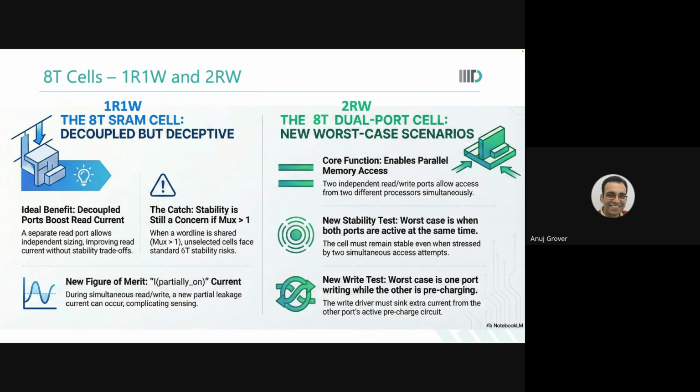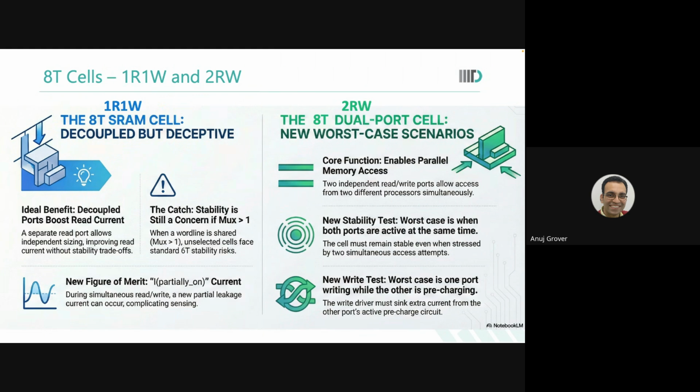Even if it is not there at the time when I started, the clock may come just afterwards. Can I know? So can I now size or time my circuit such that if the other port comes, I delay the on time, and if there is no access from the other port, I turn it on early? Can I do that? The sense amplifier is going to turn on only late, assuming both ports are getting selected. So the memory is going to be slow, even if only one port is being selected.